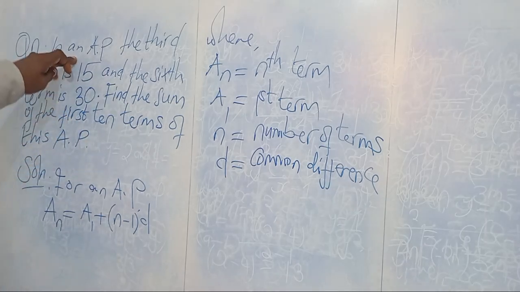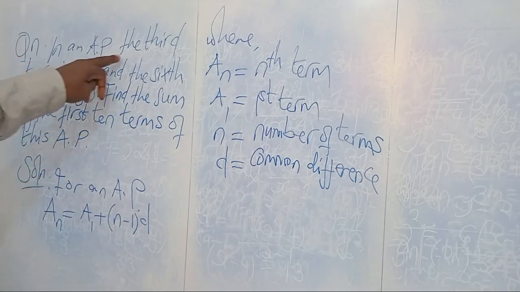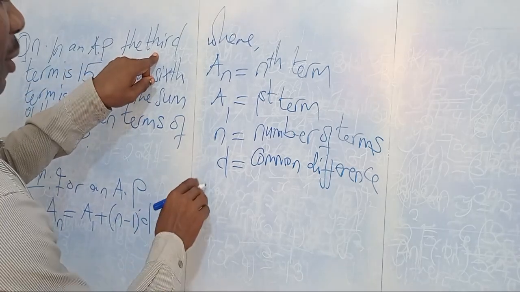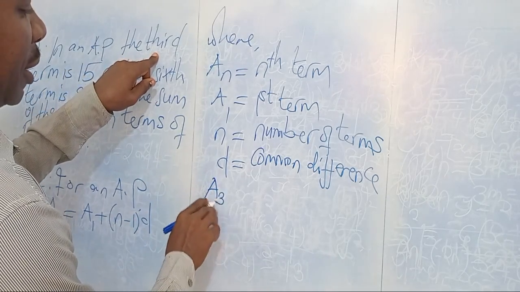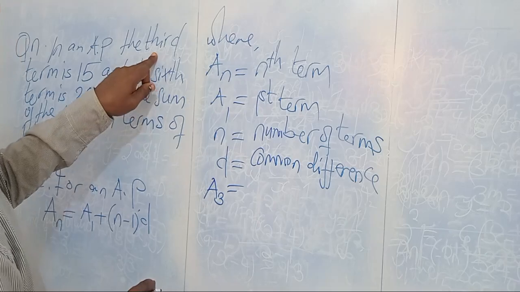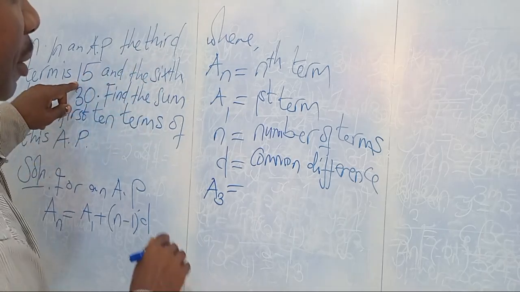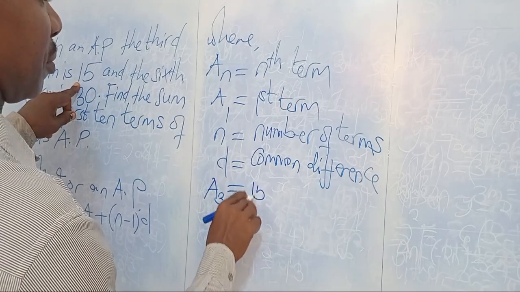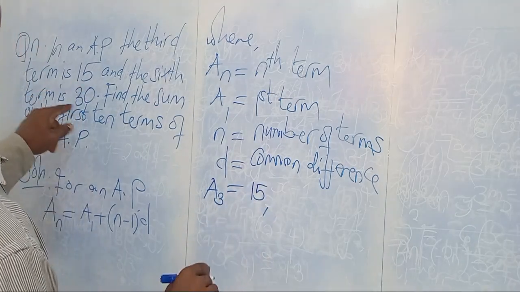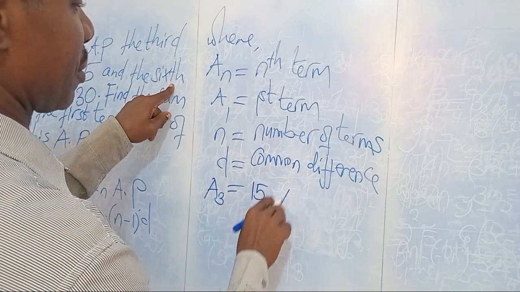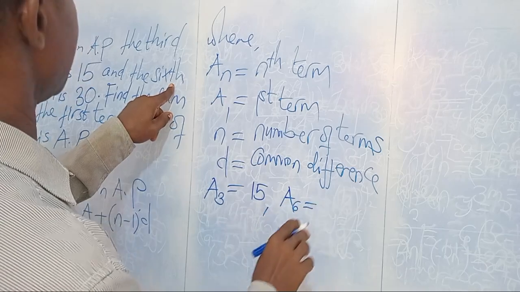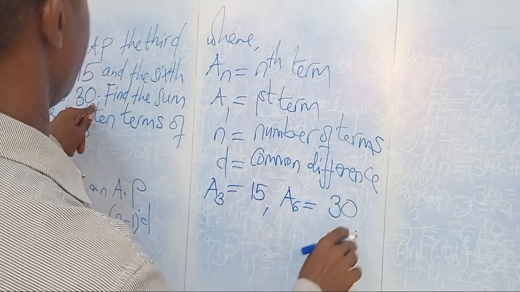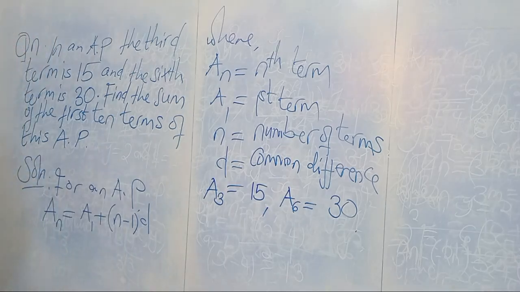So we have been given the third term. We write it as A3, and A3 is equal to 15. Then we've been given A6 to be equal to 30. And what does the question want?